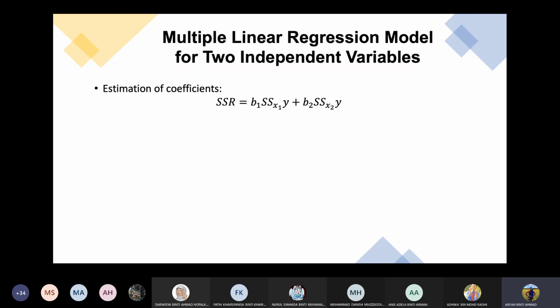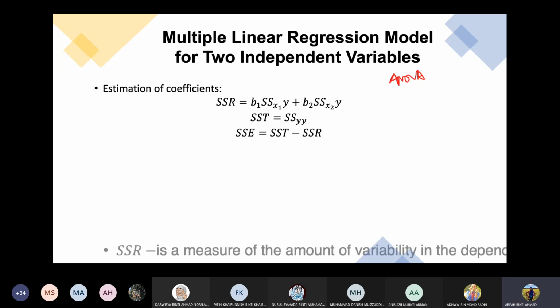Guruh dah bunyi. Sum squared of R, kita akan dapat sum squared bagi regression sama dengan B1 sebab awak ada dua independent variable. So awak akan dapat dia punya ANOVA table sekali. Okay. So nanti Excel boleh bagi dia punya ANOVA table, atau kalau kita nak tengok SSR sama dengan B1 sum squared X1Y multiply with B2 sum squared X2Y. Okay. Sum squared of T sama dengan SSYY.